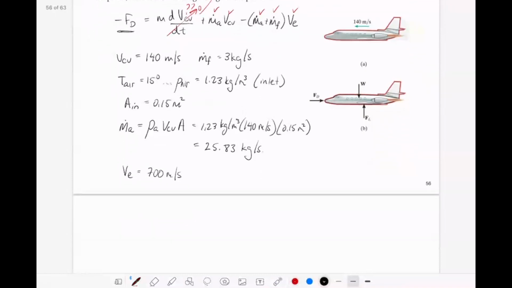So let's rewrite our equation now. We have the drag force is equal to 0 plus mass flow rate of A, so velocity of the control volume, minus mass flow of the air plus fuel, times the velocity of the exhaust gas.